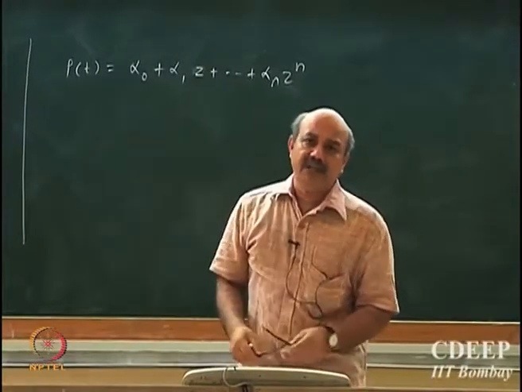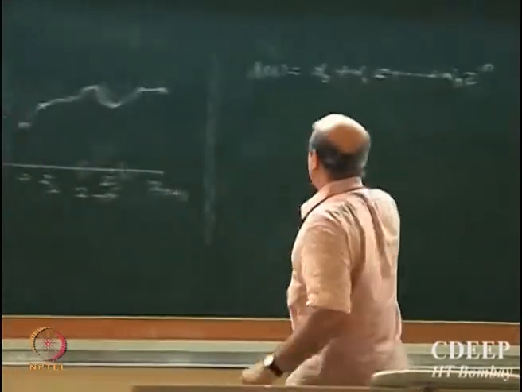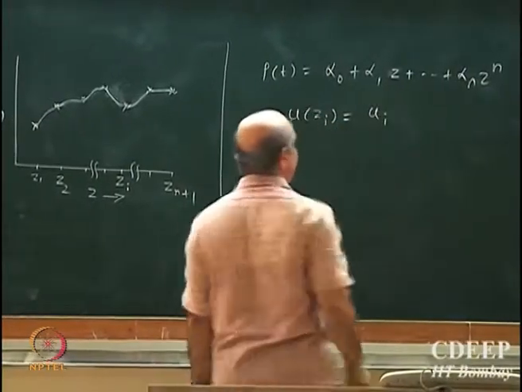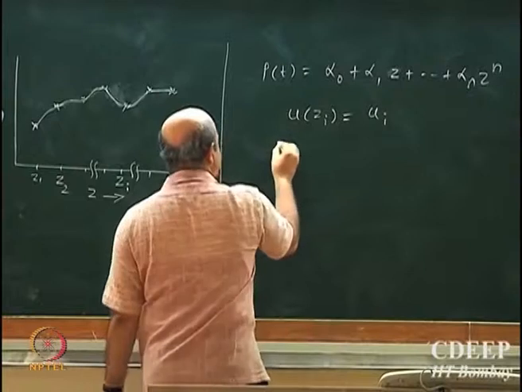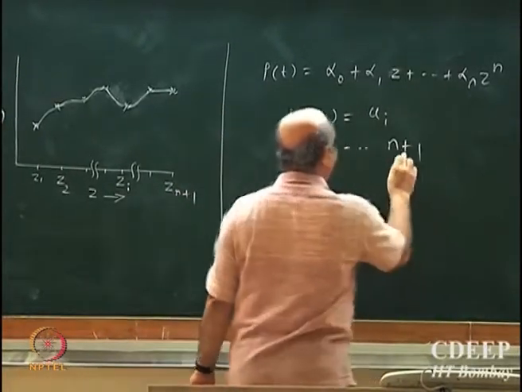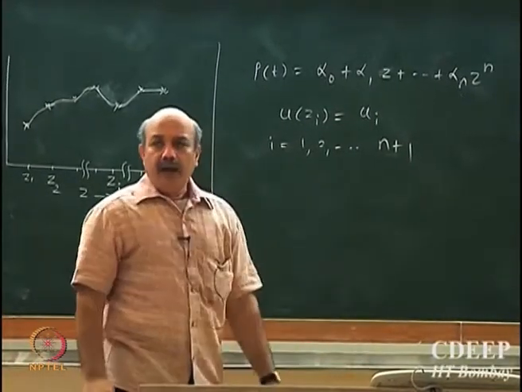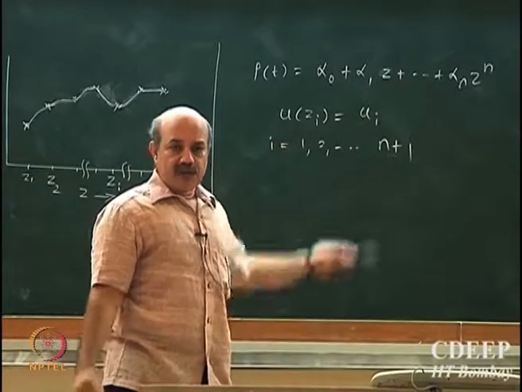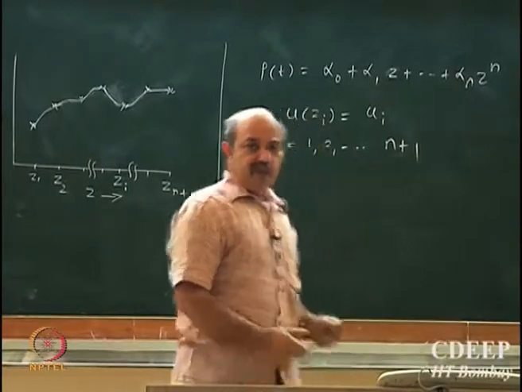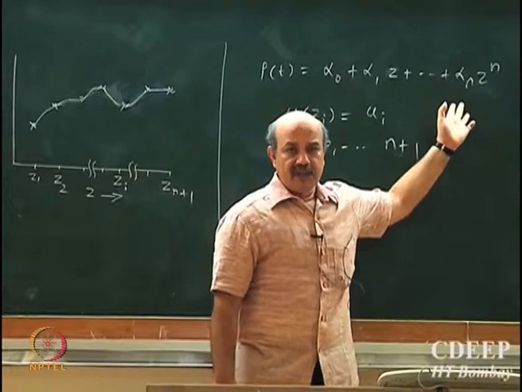This was the Lagrange interpolation, and then we know these values u(z_i) equal to u_i. We know these values for i going from 1 up to n plus 1. We know values of u_i, and then we wrote n plus 1 equations in n plus 1 unknowns, and then we had a simple way of finding alpha 0, alpha 1 and so on by matrix inversion. This we have discussed earlier.